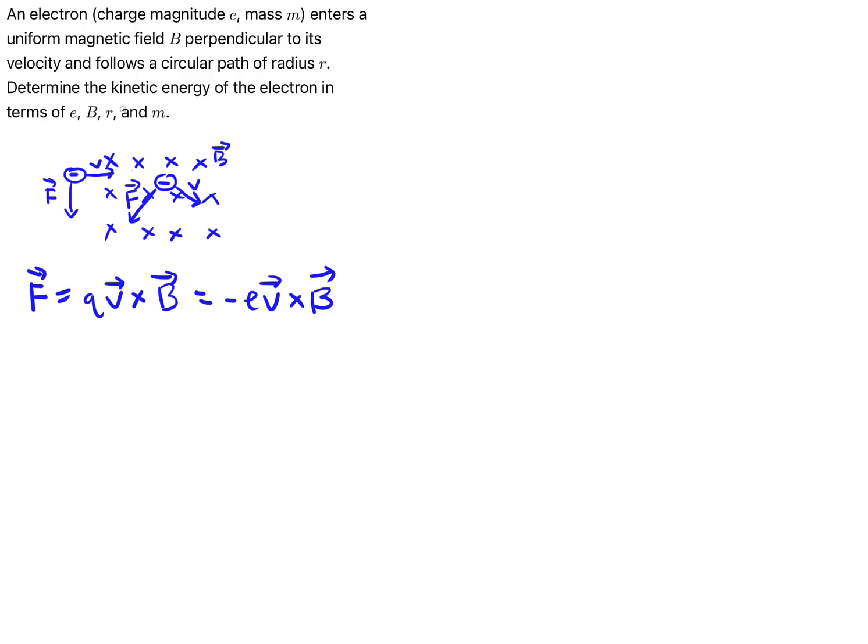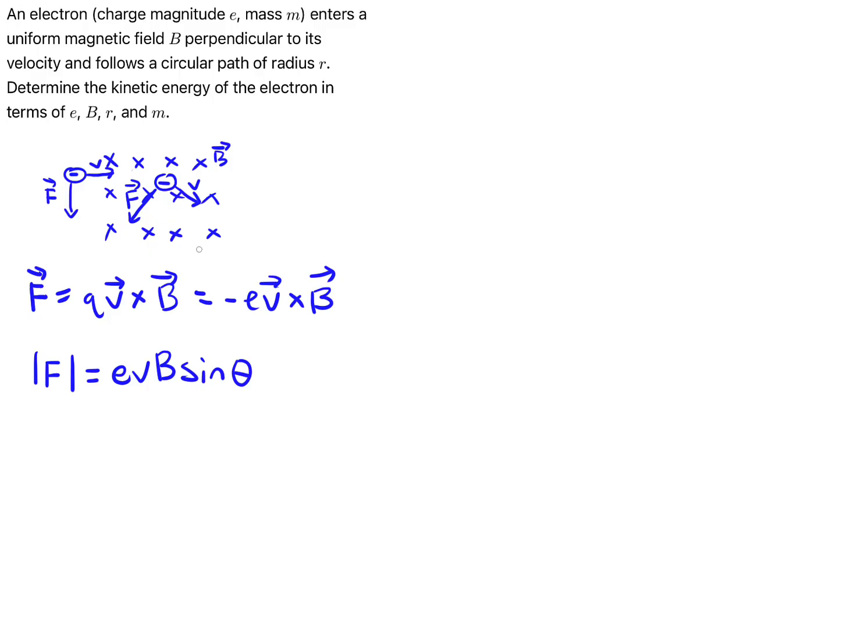And so we want to determine the kinetic energy of this electron. We know that kinetic energy is dependent on velocity, so maybe we can figure out the velocity this electron is traveling with. From this force equation, we can find the magnitude of the force. That's just given by e times v times B times the sine of theta, where theta is the angle between the velocity vector v and the magnetic field.